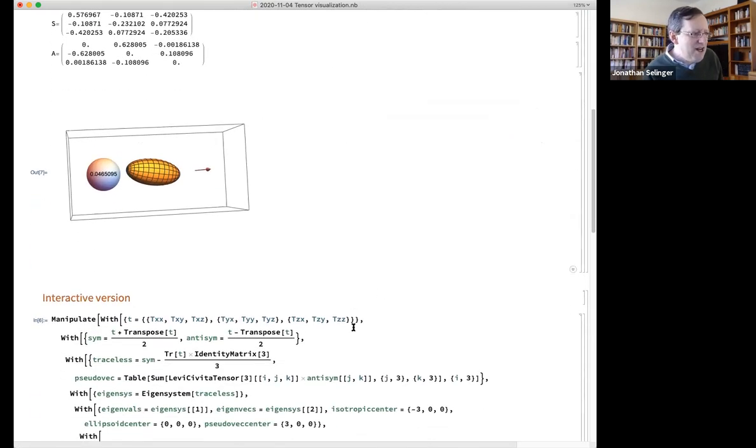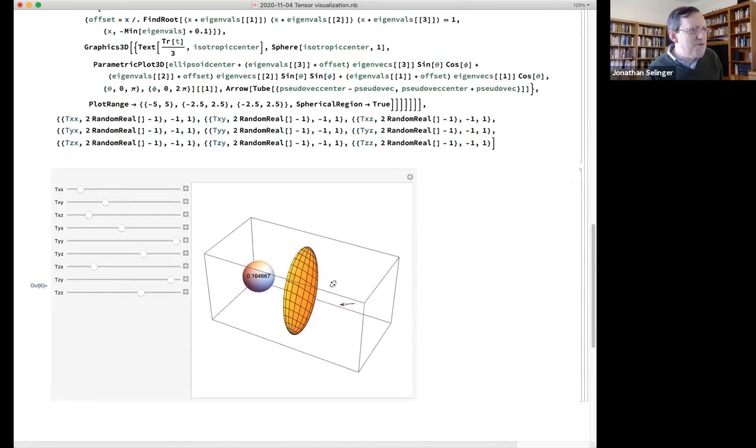I also have an alternative version of the code where down here, you can use these sliders to set the 9 components of the tensor and see how each of those changes both the ellipsoid and the arrow for the antisymmetric part.